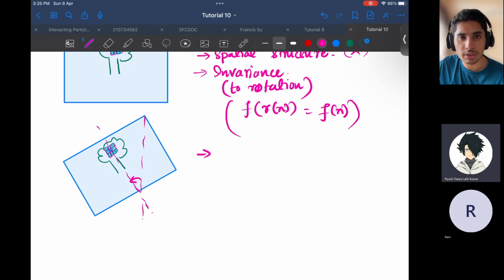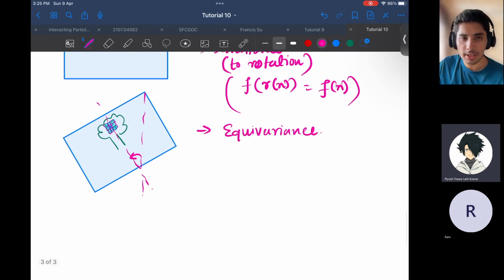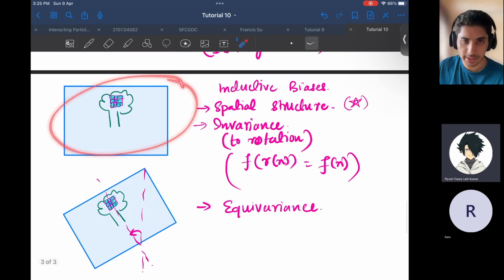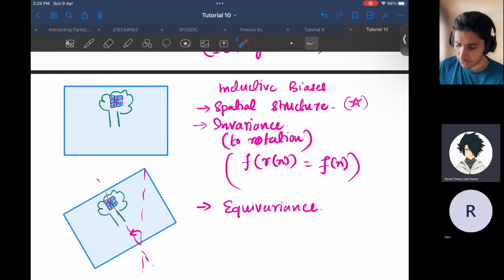Other thing that I would like this network to somehow accommodate is something called equivariance. What do I mean by equivariance? So for example, now let's focus on the same example. Let's say that what I do now is I take this picture of this tree and move it.